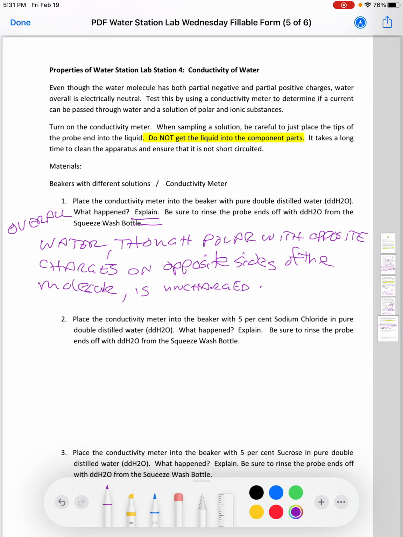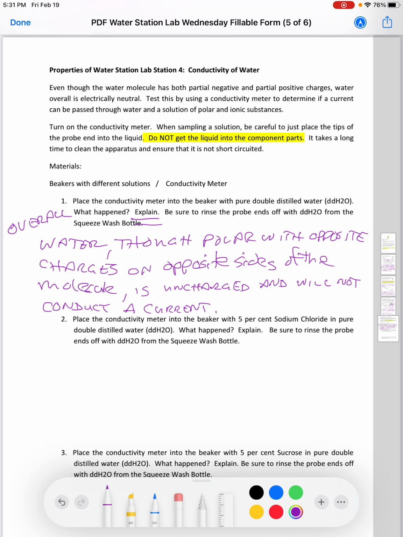It is uncharged and will not conduct or carry electricity or conduct a current. So overall, water is uncharged and will not conduct a current. Even though it's polar with opposite charges on opposite sides of the molecule, it's uncharged.